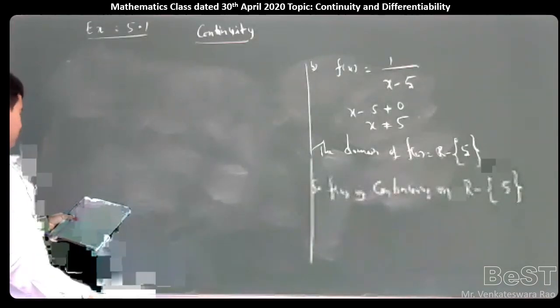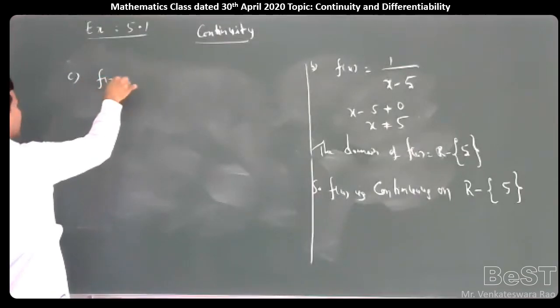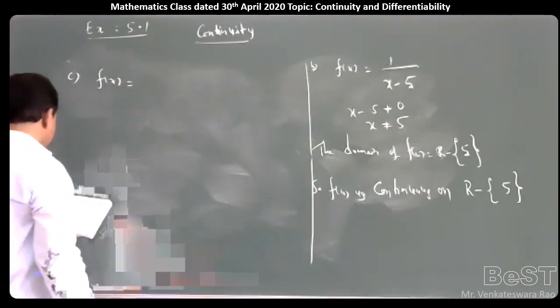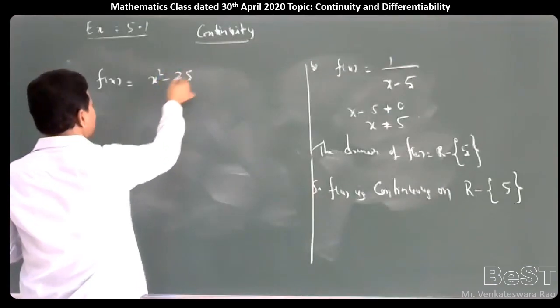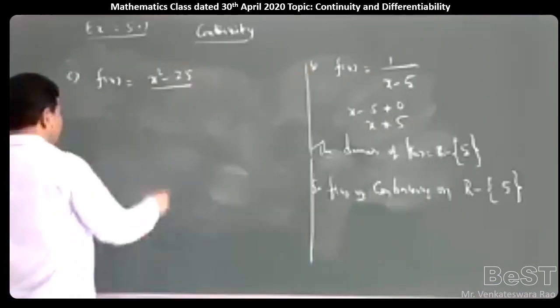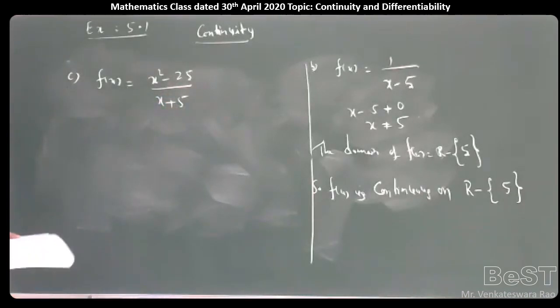See the third problem. f of x is equal to x square minus 25 by x plus 5.